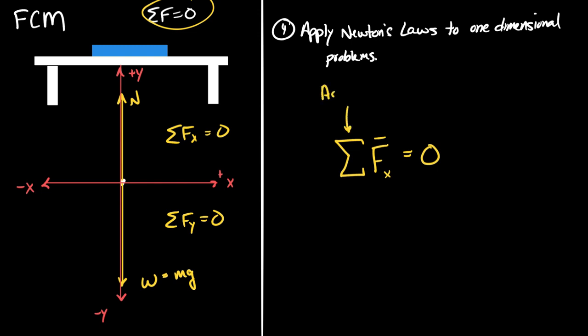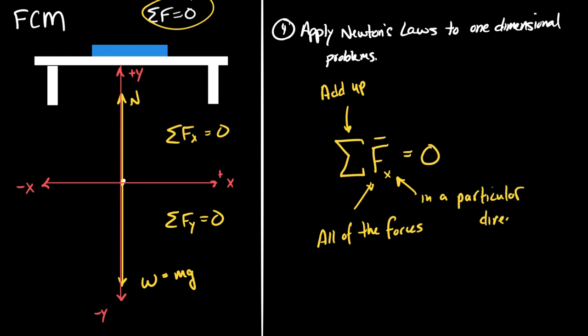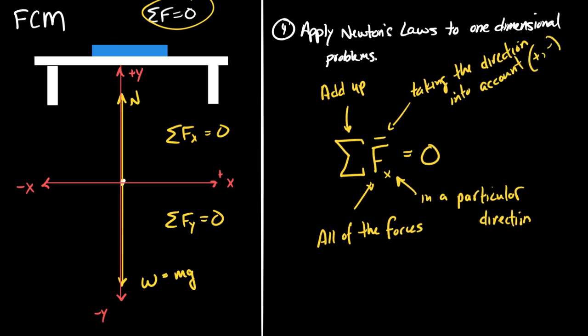The first direction is to add up all of the forces in a particular direction, taking the direction into account, meaning making them positive or negative, and set them equal to 0.